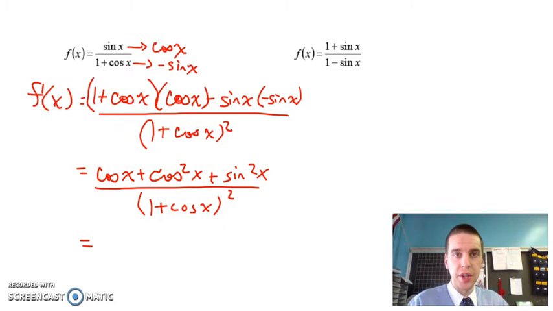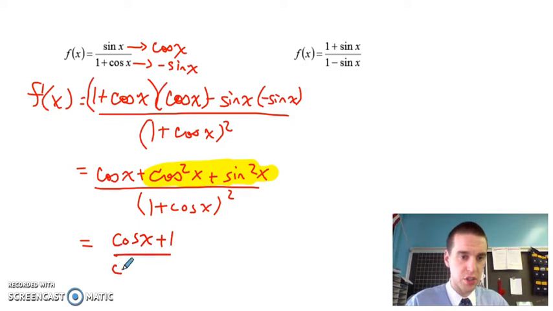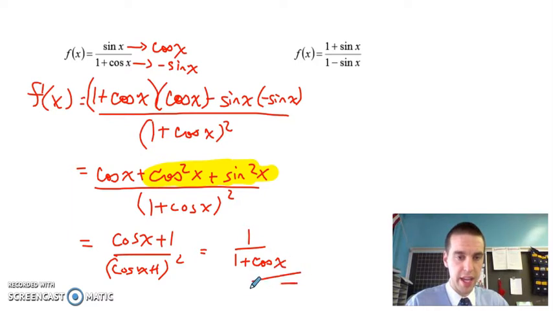Now, key thing here, notice what we got. We've got the identity function. So we're going to get cosine x plus 1 all over cosine x plus 1 squared. I just wrote it out so that you could see that. And those will cancel, so we're going to be left with that as our final answer.